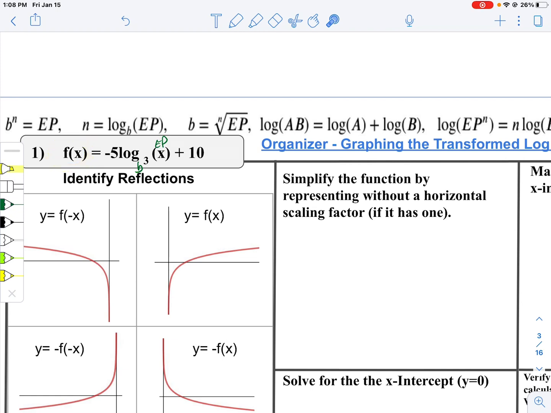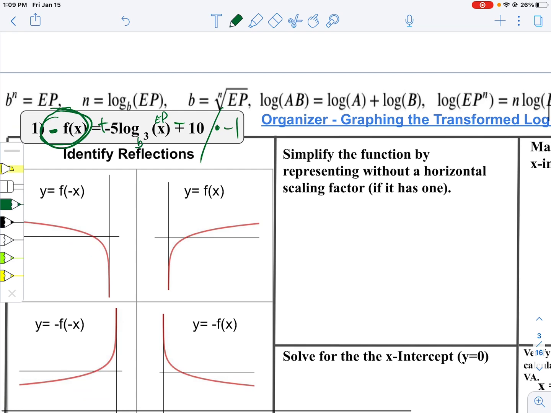But what if I multiplied this side and this side both by negative 1? I'd get a negative over here, and that would become a positive and that would become a negative, but that's not what's important. What's important is, could y become negative? It could. If we have negative y, then we have a vertical reflection.